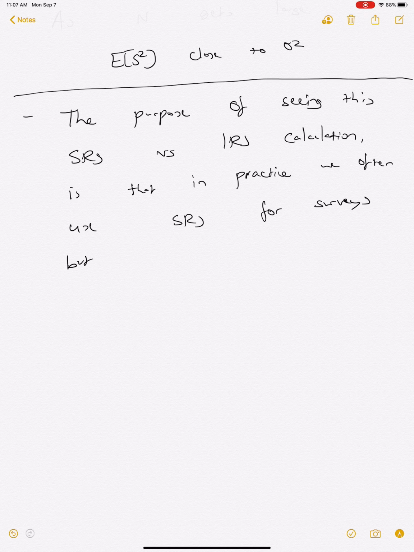But in theory, we do calculations assuming IRS. As I mentioned before, in practice, once you draw a sample, you can't really put it back and then draw another sample.